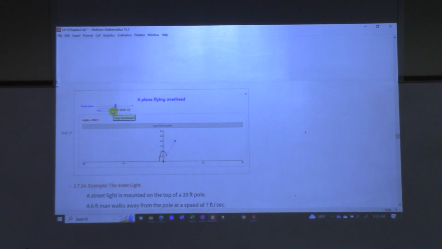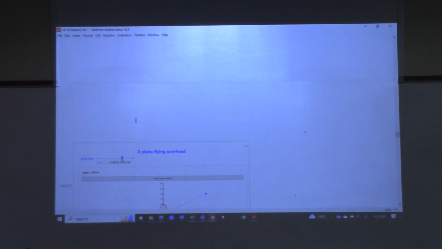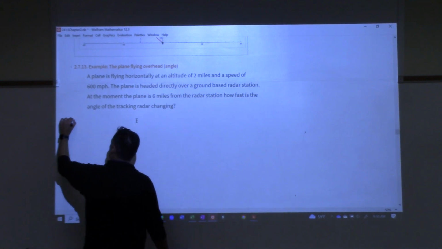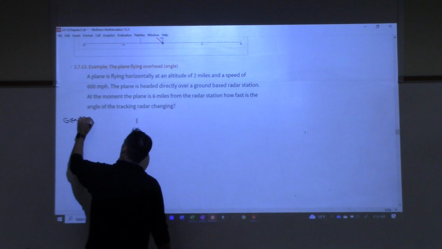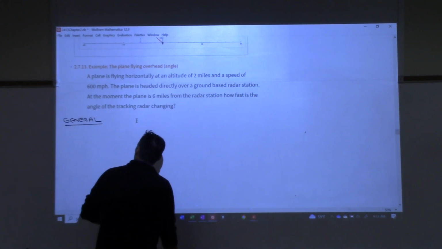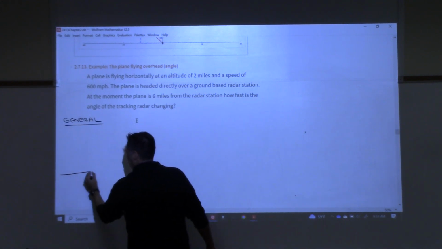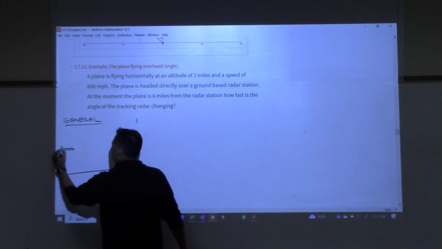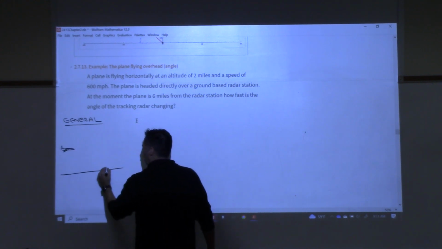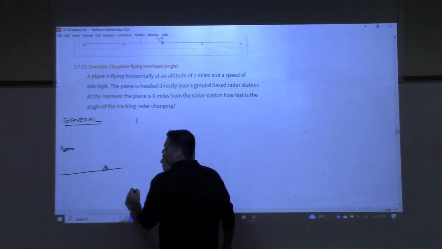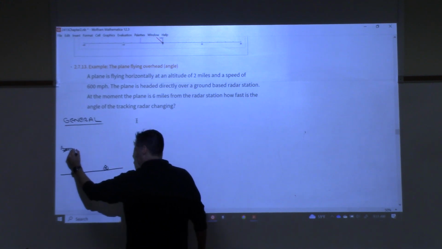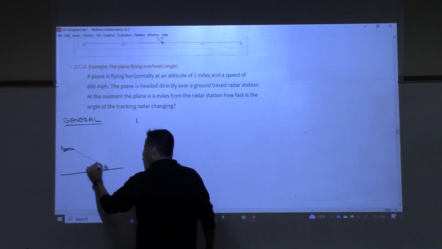All right, let's do the problem. Let's draw a picture, general picture. All right, so I've got the plane up here. I've got my radar station on the ground here. I know that there's a kind of an imaginary line connecting the two.